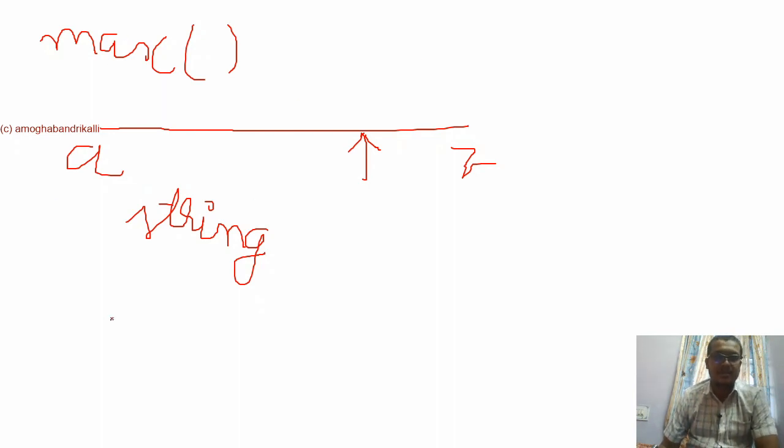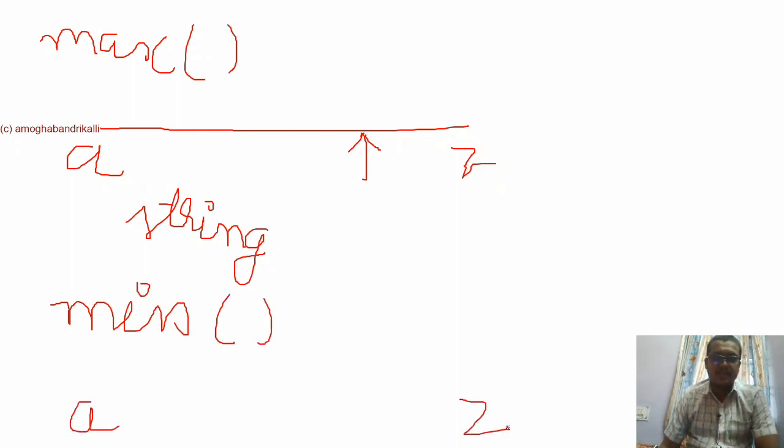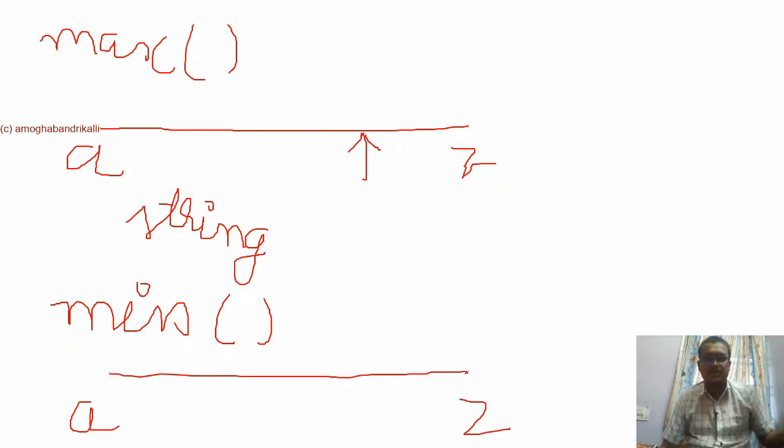So that is called max. What minimum does is, again the given sentence is arranged from A to Z, and the letter nearest to A will be pushed as an output. So that is called minimum.